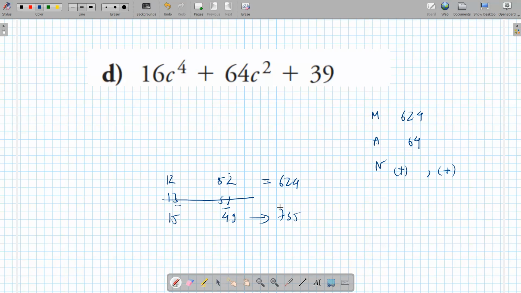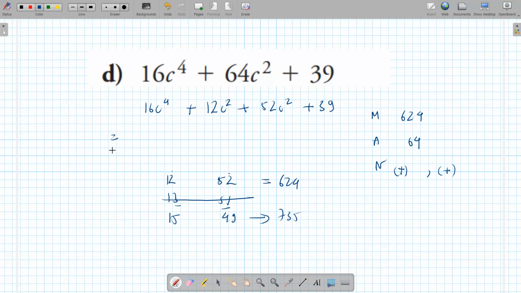So this is how we'd approach numbers that multiply big. 16C4 plus 16 going to 52 does not. It doesn't really matter though. 12c squared plus, you're always going to break down the middle guy there.